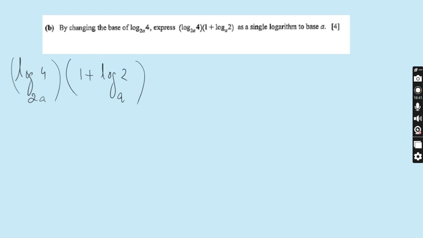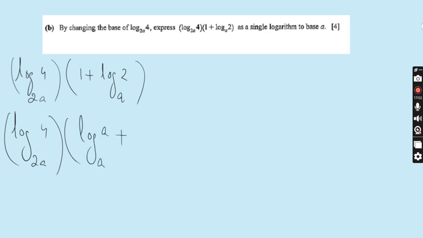Very easy question. First write log 2 a4 multiplied by, you can write this 1 as log aa. So aa is 1, so you may write instead of 1 log of aa, and log a2 is the same.